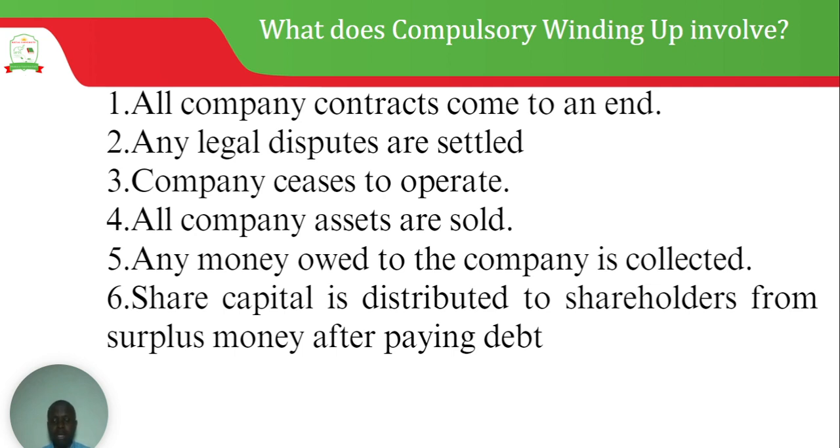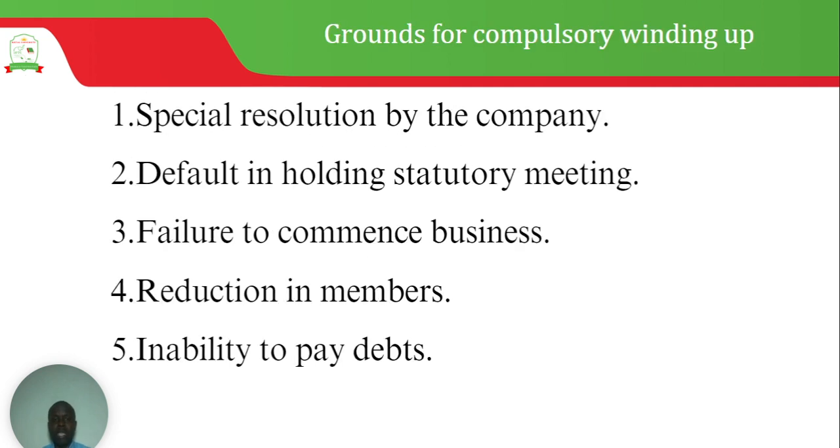Now, these are the grounds for compulsory winding up. These are the grounds that the judges will be looking at. Number 1 is a special resolution by the company. That is number 1, a special resolution by the company.